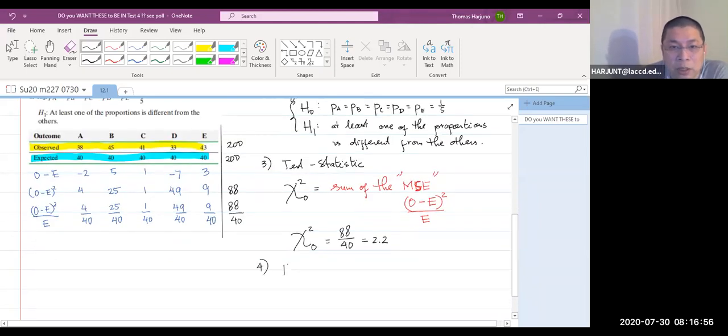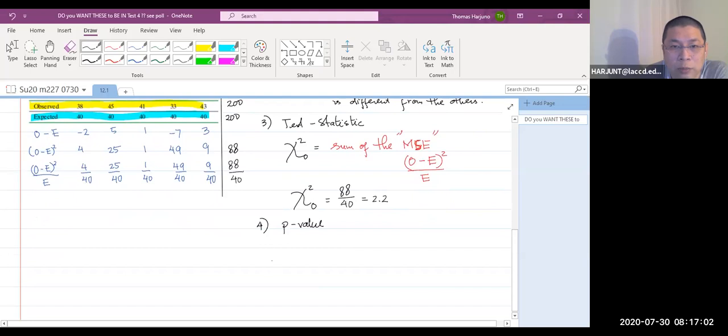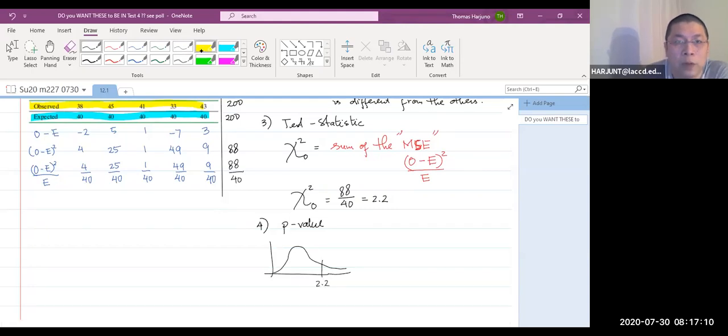So the p-value will be, that's a chi-square distribution. Okay, and we have 2.2. We want to find the area to the right. And the degree of freedom is 4, because there are only 4 categories here.